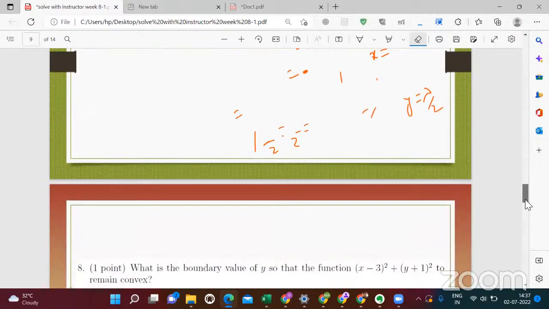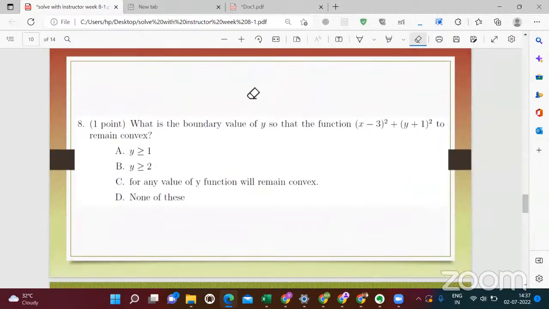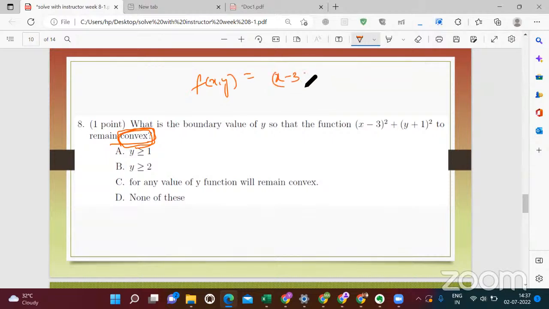The next one is this. What is the boundary value of y so that the function remains convex? If you have some function f(x,y) equal to (x minus something) whole square plus (y plus 1) whole square, that should remain convex.